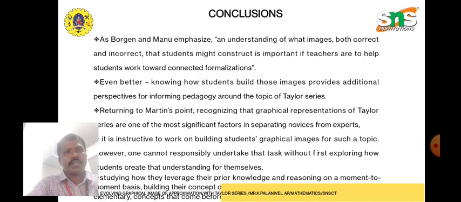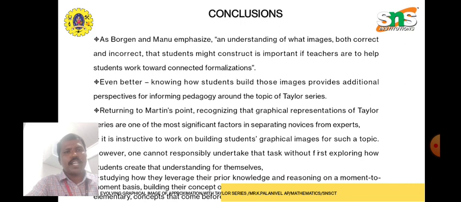Conclusion: an understanding of what images, both correct and incorrect, students might construct is important if teachers are to help students work toward connected formalizations. Even better, knowing how students build those images provides additional perspectives for informing pedagogy around the topic of Taylor series.